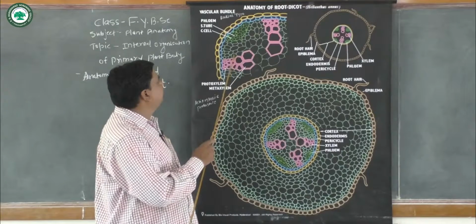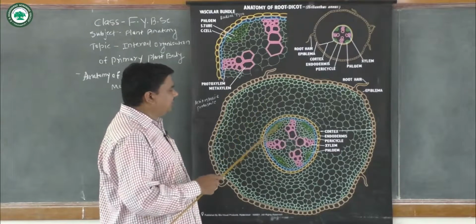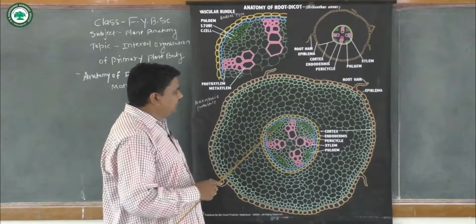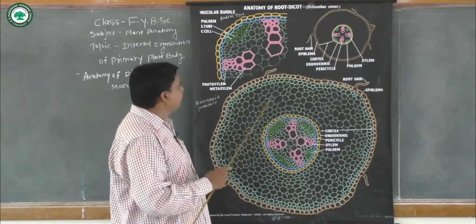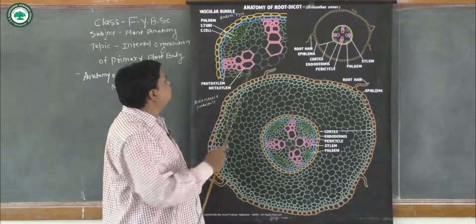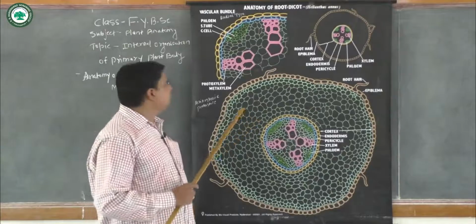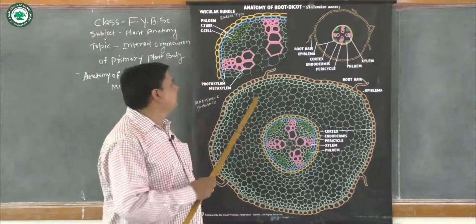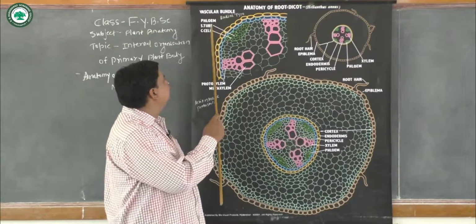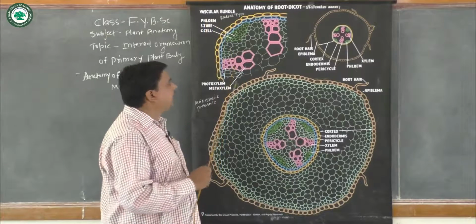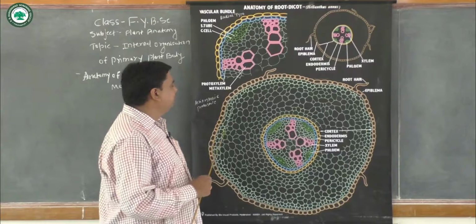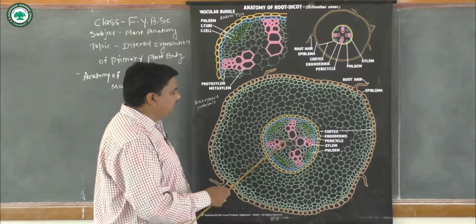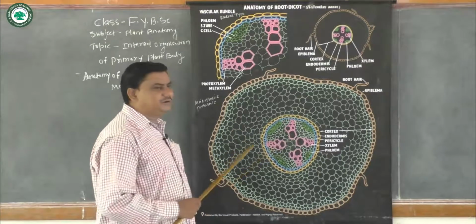Then on another radius there is the phloem. Phloem consists of sieve cells, sieve tubes, and phloem parenchyma.